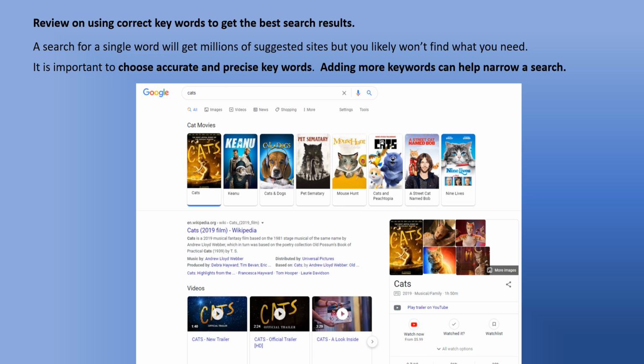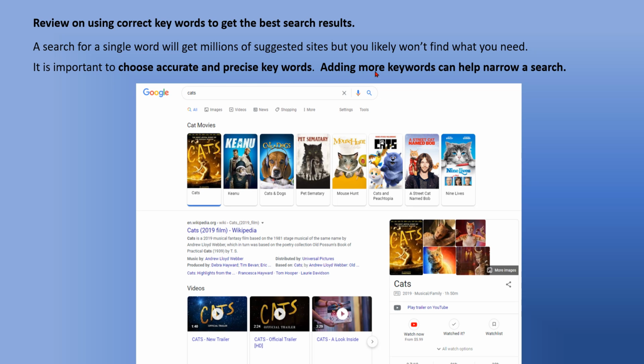So you can see that even though I'm looking for information about cats as a pet in an apartment, if I just typed in the word cats into Google, I'm going to come up with cat movies. I'm going to come up with the Cats musical. And that's not anywhere near what I'm looking for, because I'm looking for information on cats as pets, and specifically in an apartment. So it is important to choose accurate and precise keywords.